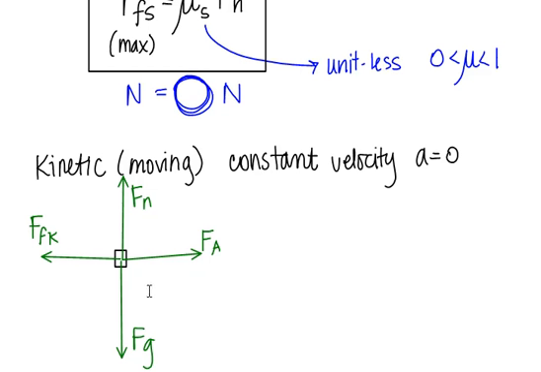All right, so when an object is moving at a constant velocity, the acceleration is 0. Just like in any of the other cases where acceleration was 0, it's still in equilibrium.